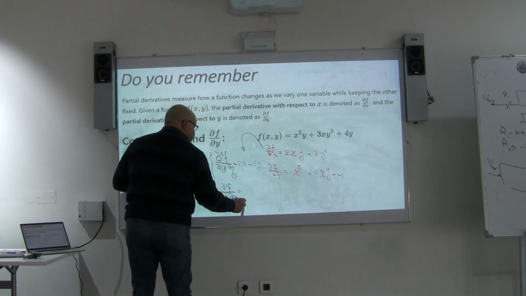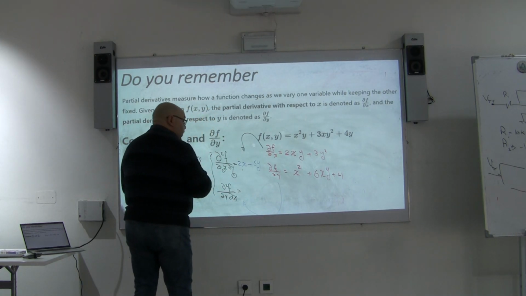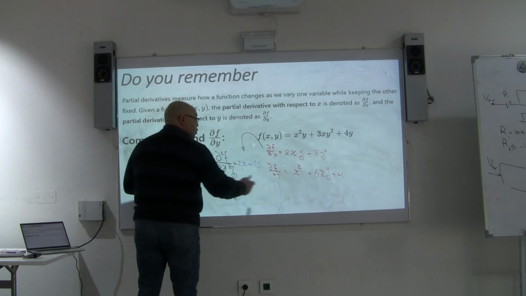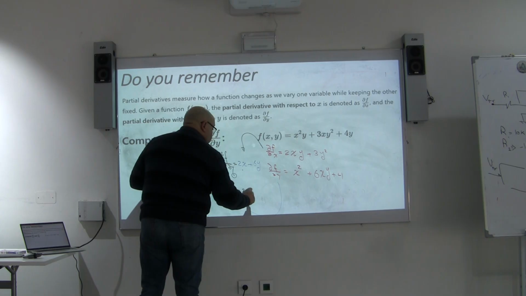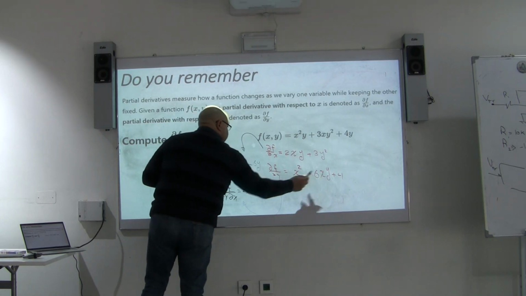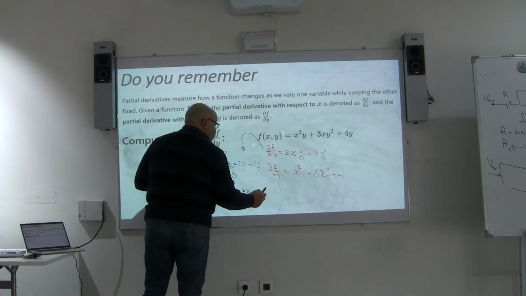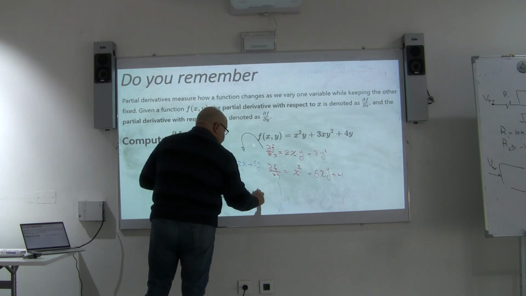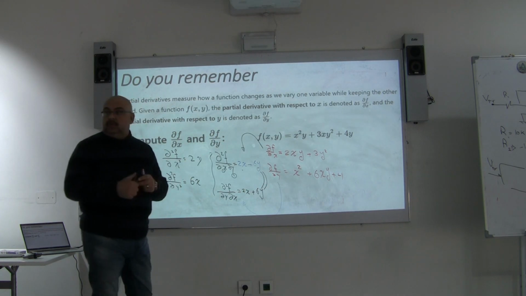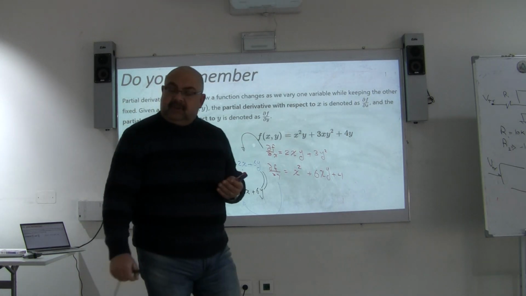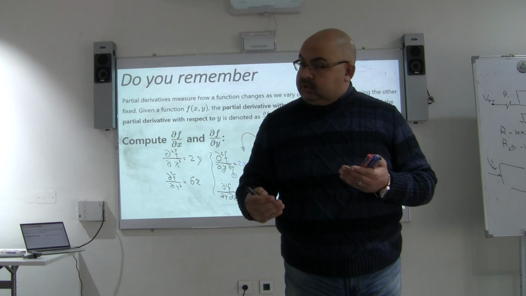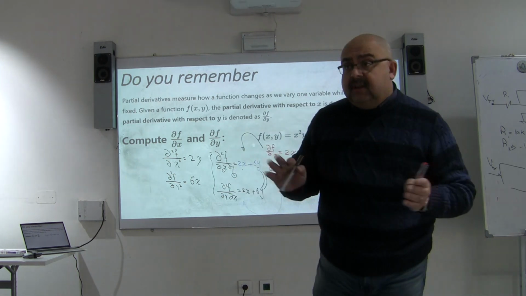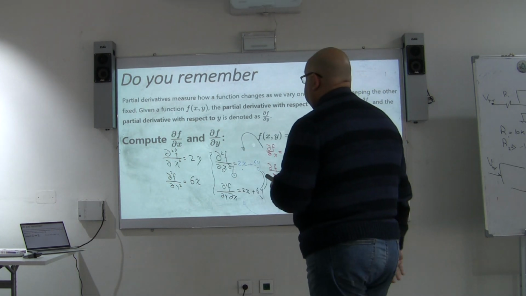Let's differentiate it with respect to x. x squared is going to give just 2x. And for the second term, differentiating with respect to x will give 6y. And as you can see, they are both equal to each other for the mixed derivative. If you get the first derivative with respect to x and then the second with respect to y, or vice versa, it's going to be the same, as you can see.